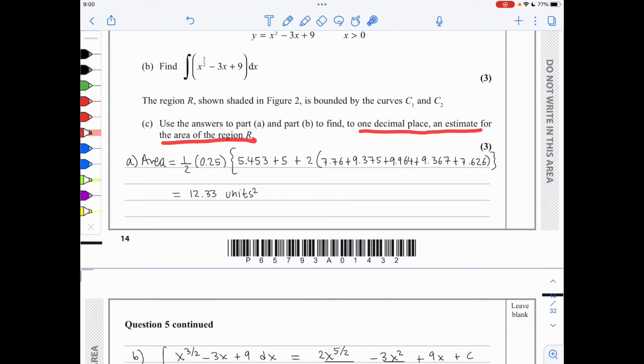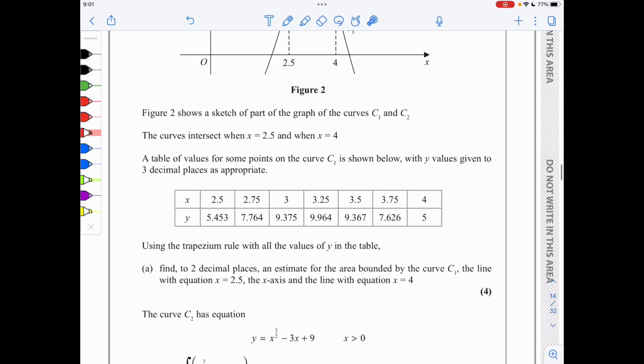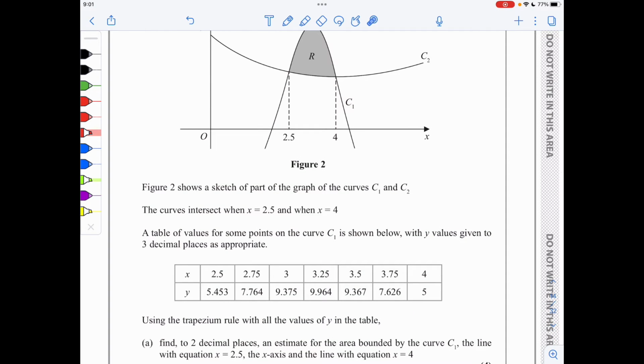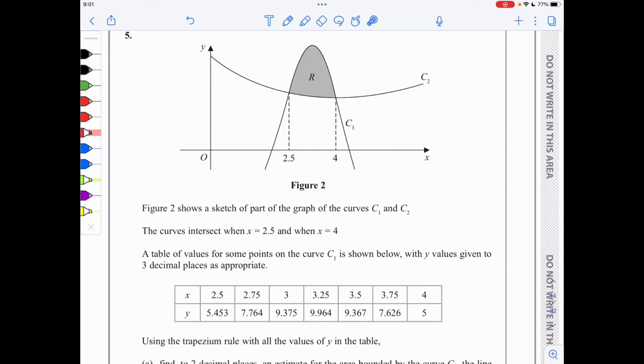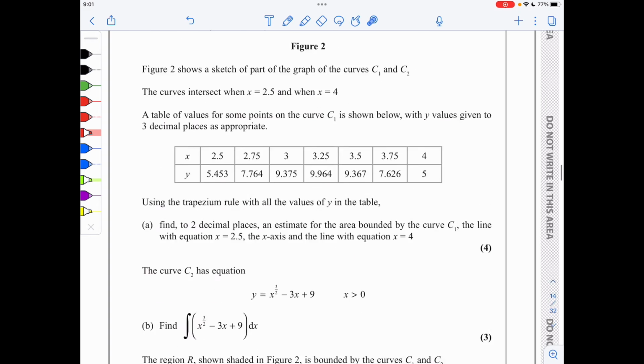And then in part C, we need to find to one decimal place an estimate for the area of the region R. So this region here is simply the area enclosed by the two curves. So we can see that C1 is above and C2 is below. So I will be integrating C1 minus C2.